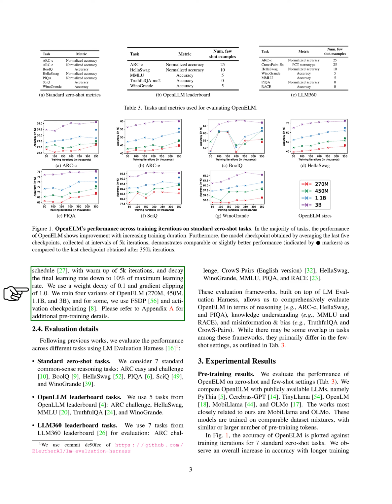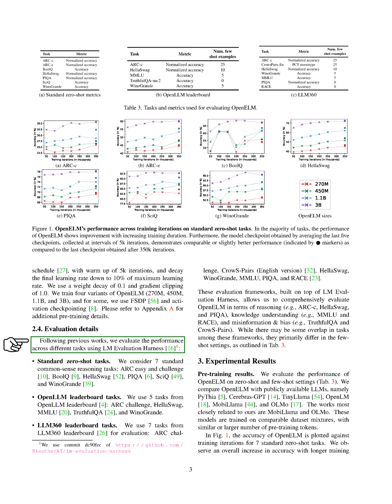Additionally, we used a weight decay of 0.1 and gradient clipping of 1.0. The training included 4 variants of OpenELM: 270M, 450M, 1.1B, and 3B, some of which utilized FSDP and activation checkpointing. For more details on pre-training, please refer to the appendix on pre-training hyperparameters.